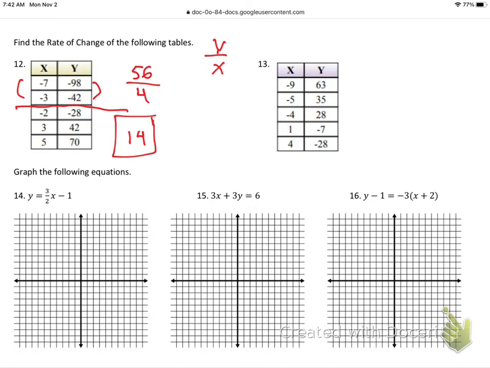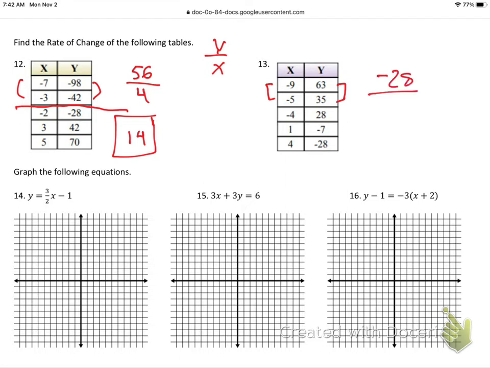Same thing over here. What happens when I go from here to here and here to here? 63 to 35, I'm going to be subtracting, so it's going to be minusing 28.